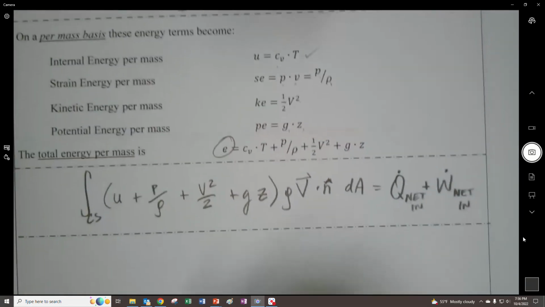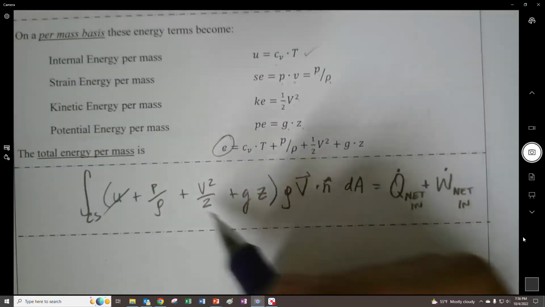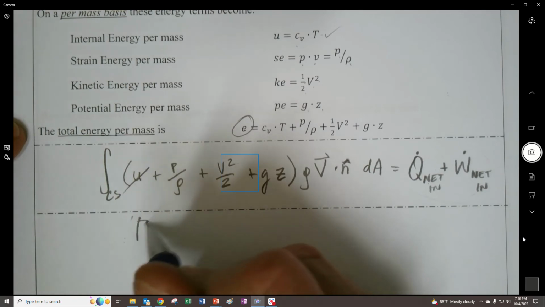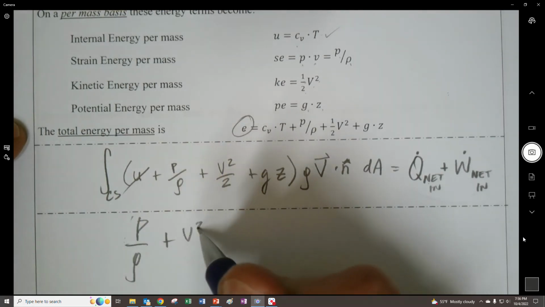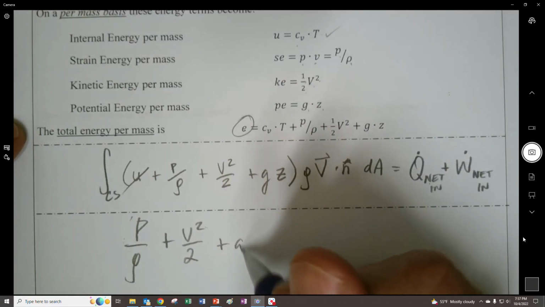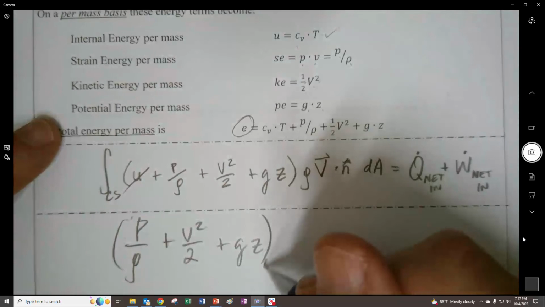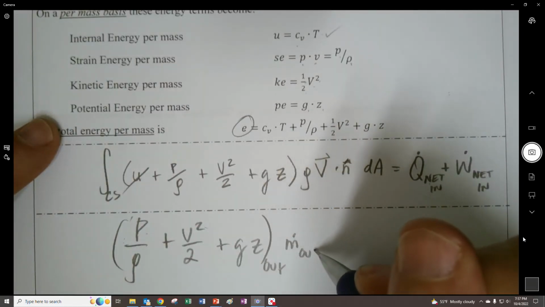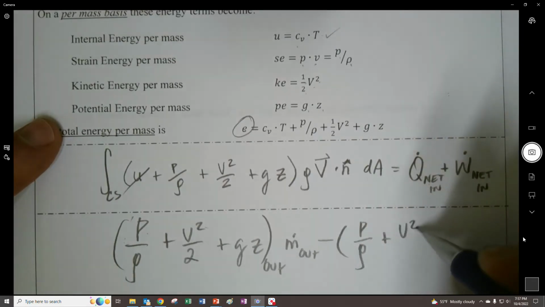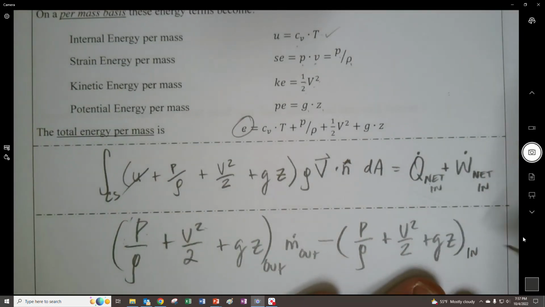Well, we could say along a streamline, ignoring these, ignoring the internal energy changing, we end up having P over rho plus v squared over 2 plus g z, and so we could say that this is out times m dot out, minus P over rho plus v squared over 2 plus g z in times m dot in.